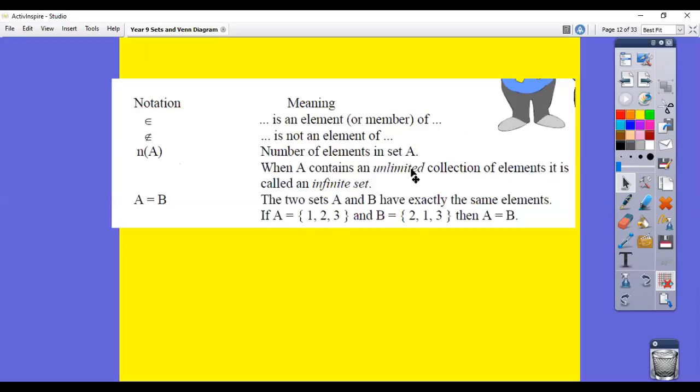And when A equals B, the two sets have exactly the same elements. So if A has elements 1, 2, 3, and B has elements 2, 1, 3, even though they're in a different order, in set theory they're classed as the same. They have the same elements, so we can say A is equal to B.